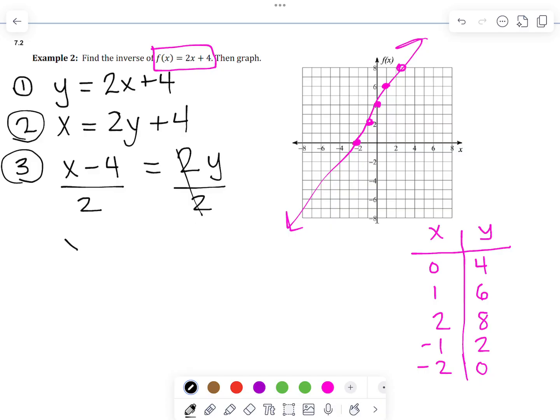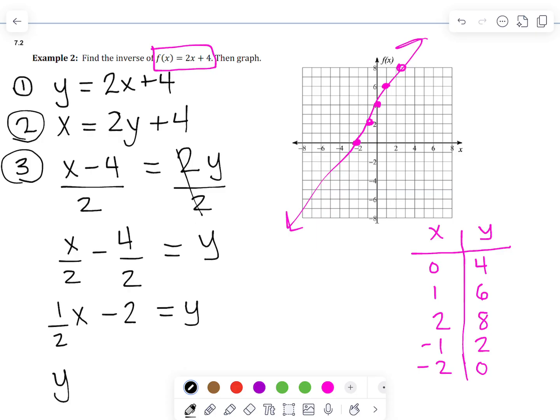So I get x divided by 2, and I'm splitting that up, and then 4 divided by 2. I'm going to simplify. I get 1/2 x minus 2 equals y. And then I'm going to put it in the correct order, so y is on the left.